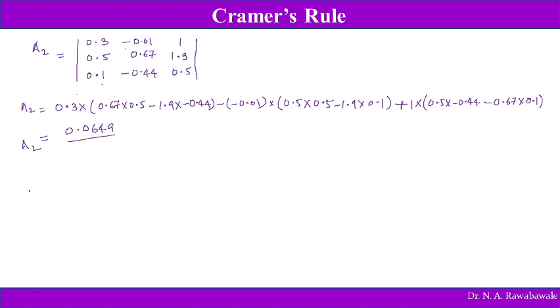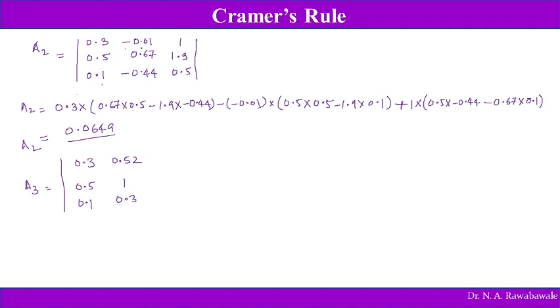Then we can find A3, which is the determinant 0.3, 0.5, 0.1, 0.52, 1.3.